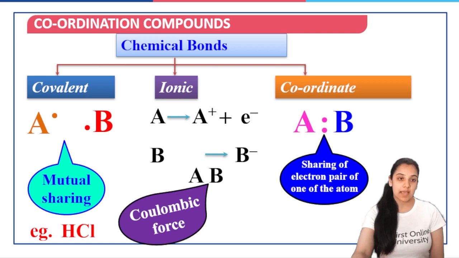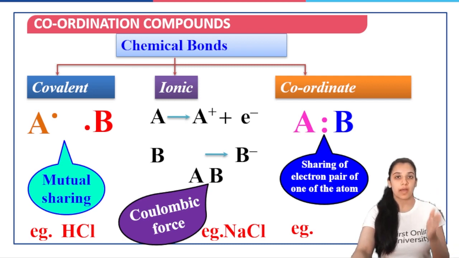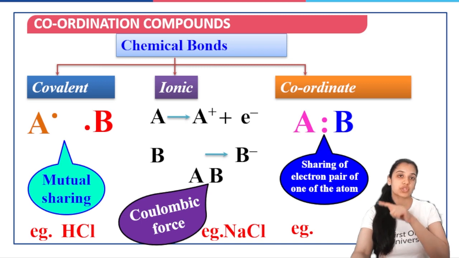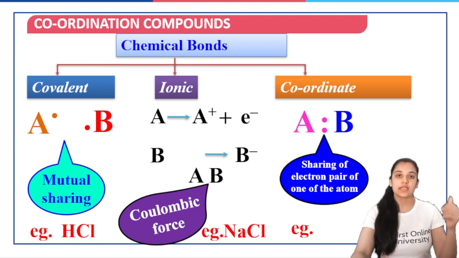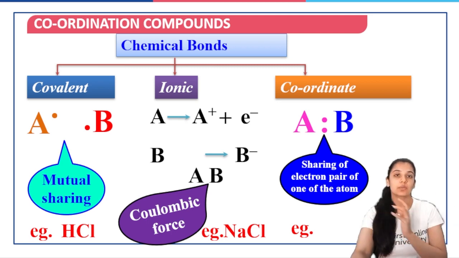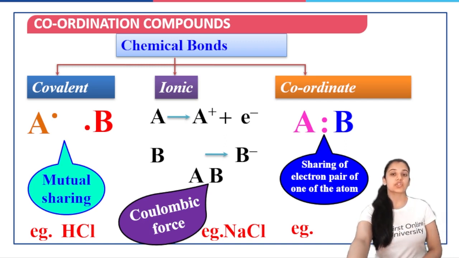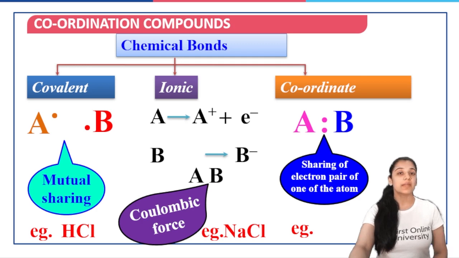Let us have a look at the examples. HCl is the example of a covalent bond. One electron from hydrogen will combine with the outermost one electron from chlorine, forming 2 electrons in hydrogen and 8 electrons in the outermost shell of chlorine, so that both of them have the noble gas configuration, a stable complete octet.